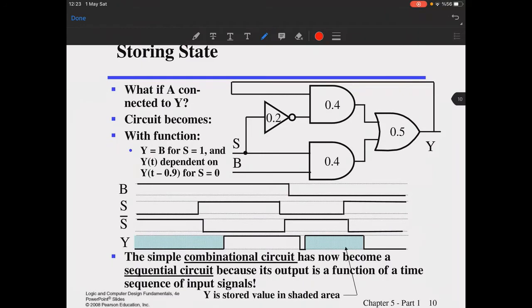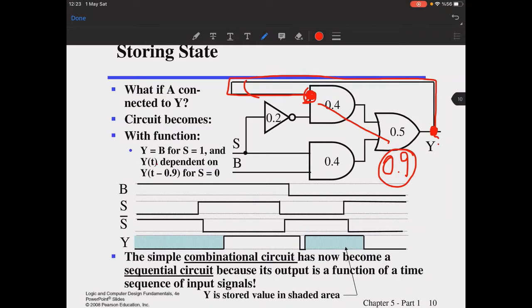Now suppose that you connect this output signal with a feedback path as an input again here. What happens? Now you see that there is a 0.9 nanosecond delay in this path, and what you see here is in fact what was happening 0.9 nanoseconds before, right?